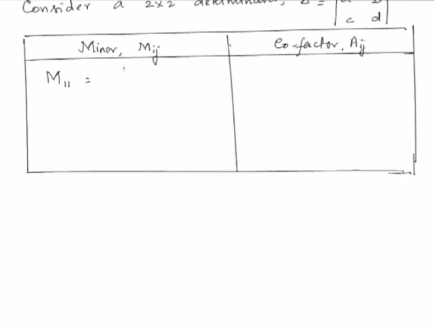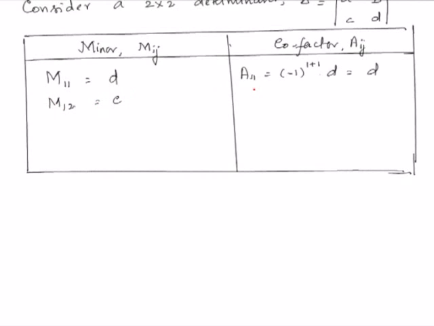As I discussed, M11 will be equal to, ignoring the corresponding row and the column, we get D as the value. Whereas if it is A11, it is minus 1 to the power of 1 plus 1, because as per the formula it is minus 1 to the power of i plus j. Here i and j are 1 each. So it is 1 plus 1 times D, which is equal to D. Whereas if you observe the next element, it is 1, 2.